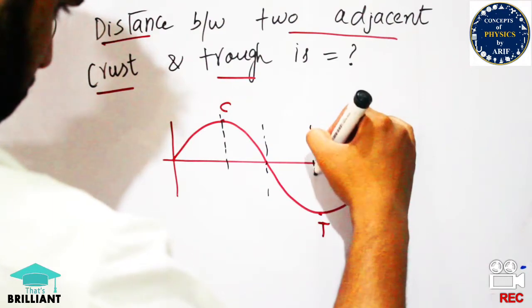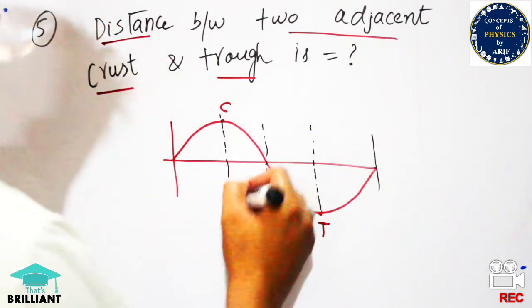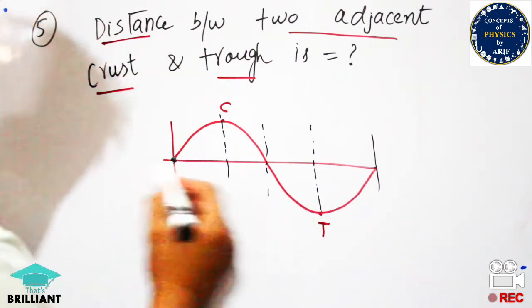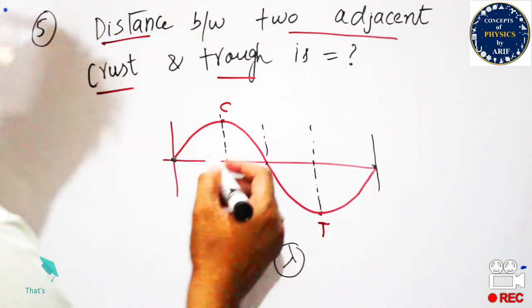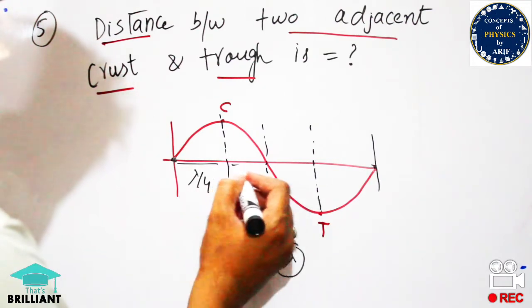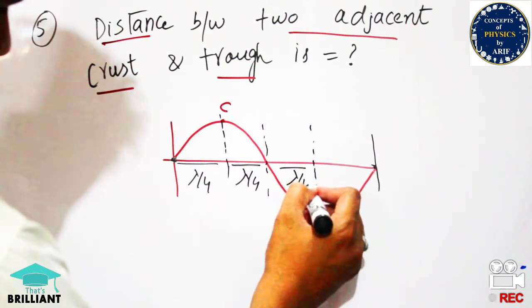This one wavelength is divided into 4 sections, so every section has a distance of lambda by 4, and the whole wavelength is lambda.